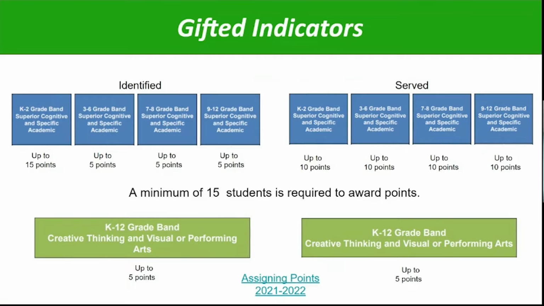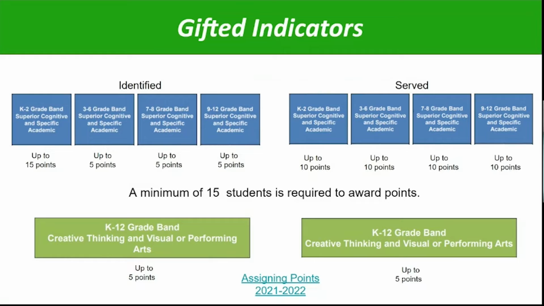Let's talk about a building in terms of these two things before we jump to the representative index. So building looks a little bit different in that we wouldn't have these grade bands here. What happens for the blue boxes at the top is they're all combined to K12. So for that, you can get up to 30 points for identification in the superior cog and specific academic ability.